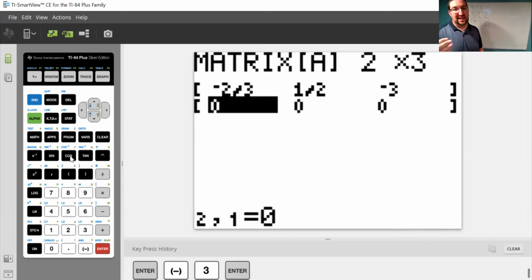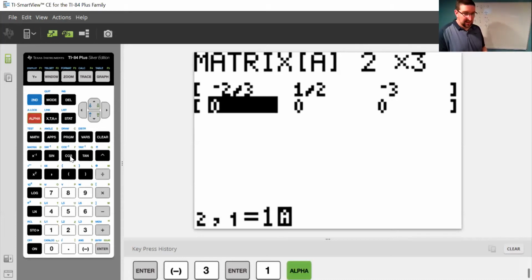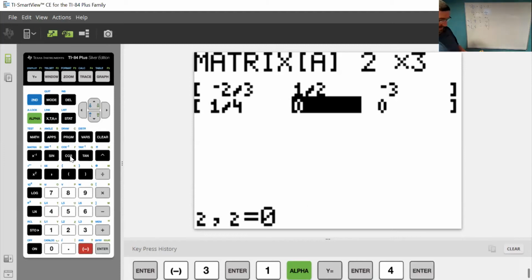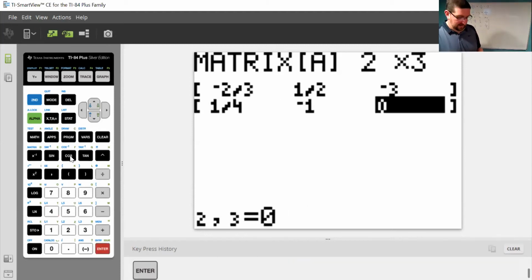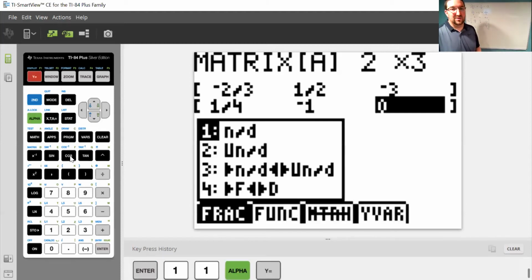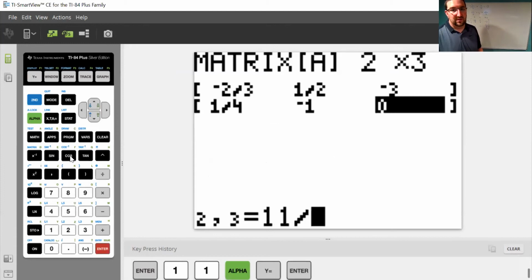And if I just keep hitting enter, it goes to the next matrix. So 1/4. So 1 alpha y equals 4. And then -1. And then 11/4. So 11 alpha y equals 4.